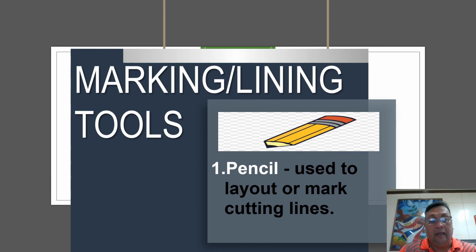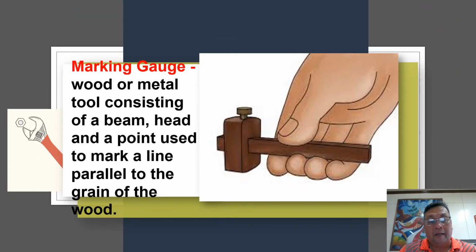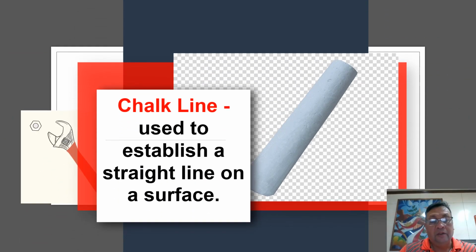Marking and lining tools. Pencil, used to lay out or mark cutting lines. Marking gauge, wood or metal, a tool consisting of a beam, head, and a point used to mark a line parallel to the grain of the wood. Chalk line, used to establish a straight line on a surface.